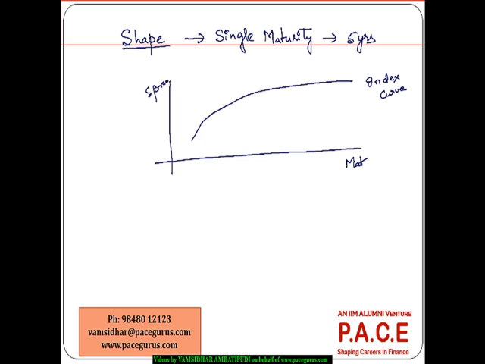Now at 5 years maturity, let's say this is the index, and for my particular instrument for 5 years, let's say this was the spread. Now what we are saying is follow it along the index curve.